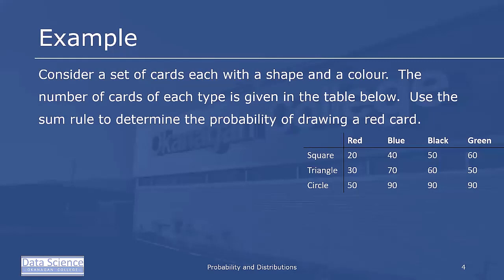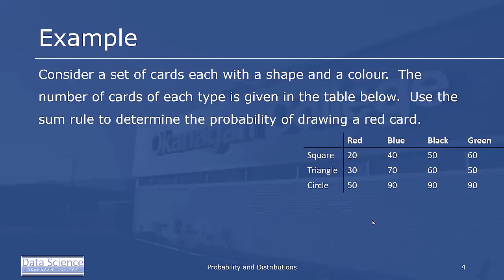Let's consider an example. Consider a set of cards, each with a shape and a color. The number of cards of each type is given in the table below. Use the sum rule to determine the probability of drawing a red card. So we see we've got a column of red cards. Some of them are squares, some of them are triangles, some of them are circles.